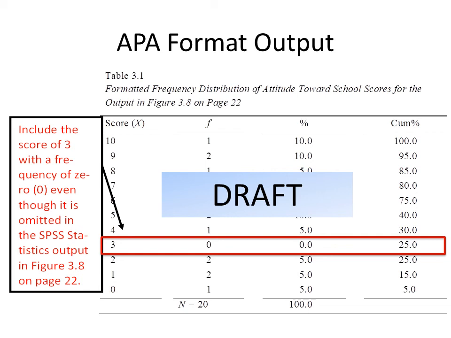Please make sure that you construct your frequency distribution in this manner, and make sure that you have that available. I believe this says that it is like Figure 3.8 on page 22. However, if you look at 3.8, this shows you that it's on 3.8, but in our textbook it is on page 23.